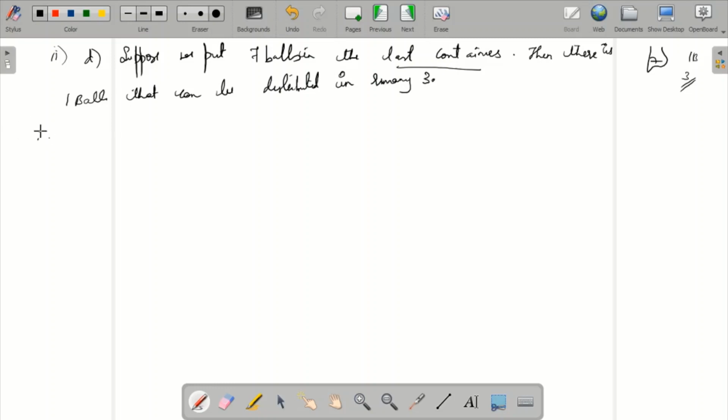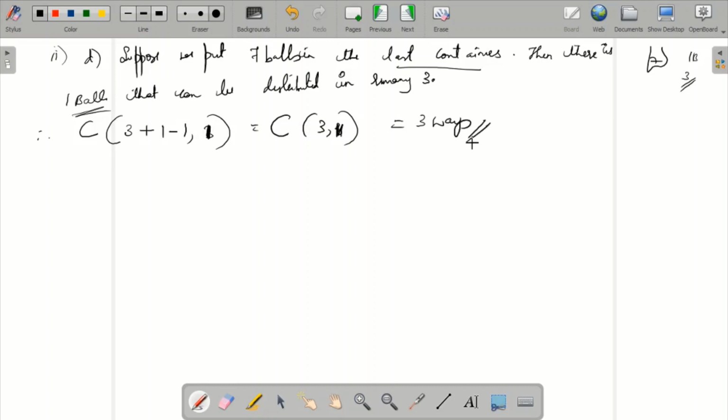Therefore it is nothing but combination of n is 3, balls is 1, minus 1 and 3. So it is nothing but combination of 3 plus 1 ball, sorry, here it is 3 plus 1 ball. R is 1, 3 plus 1 is 1, and it is 3 of n comma 1. So combination of 3 comma 1 is always 3 ways.